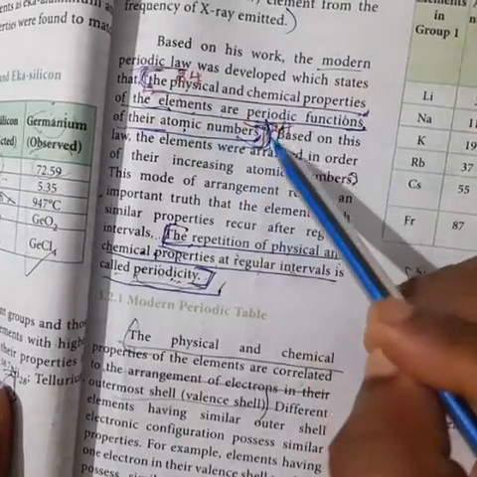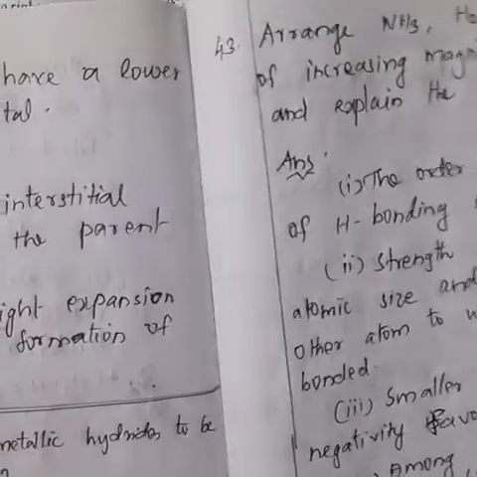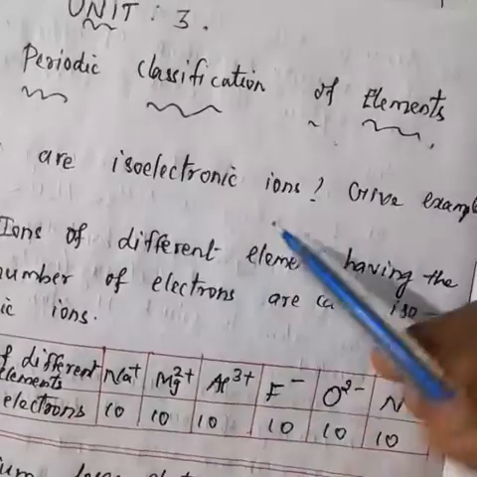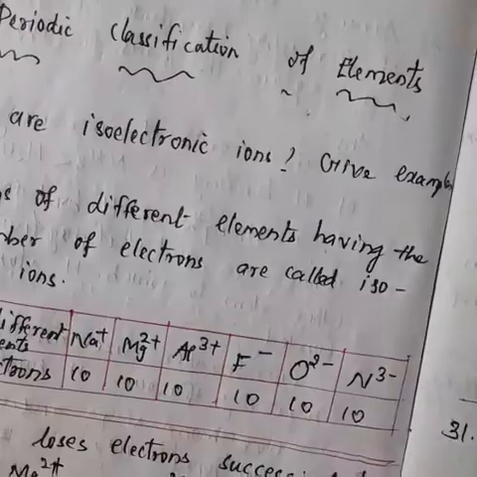And the 25th question does not have an answer in the book, so we have to write a note. What are isoelectronic ions? Give example.